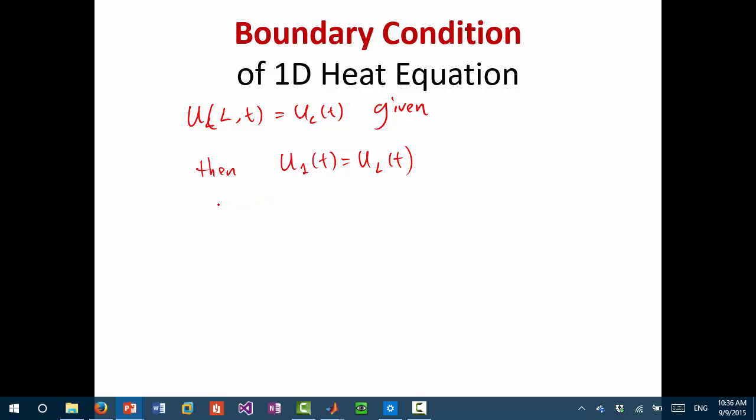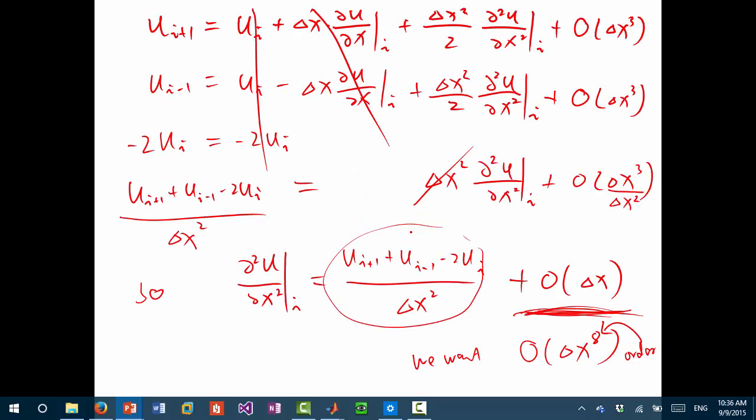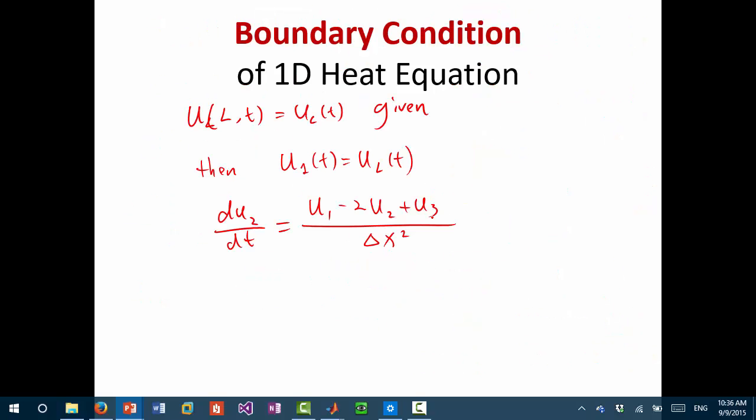And then also du2 dt, which is approximated as u1 minus 2 times u2 plus u3 over delta x squared. This is exactly following our finite difference approximation.